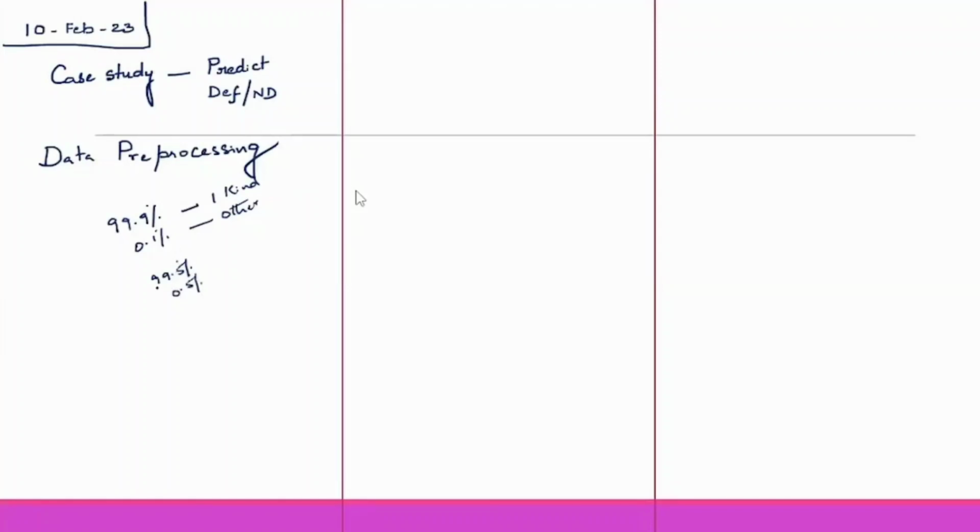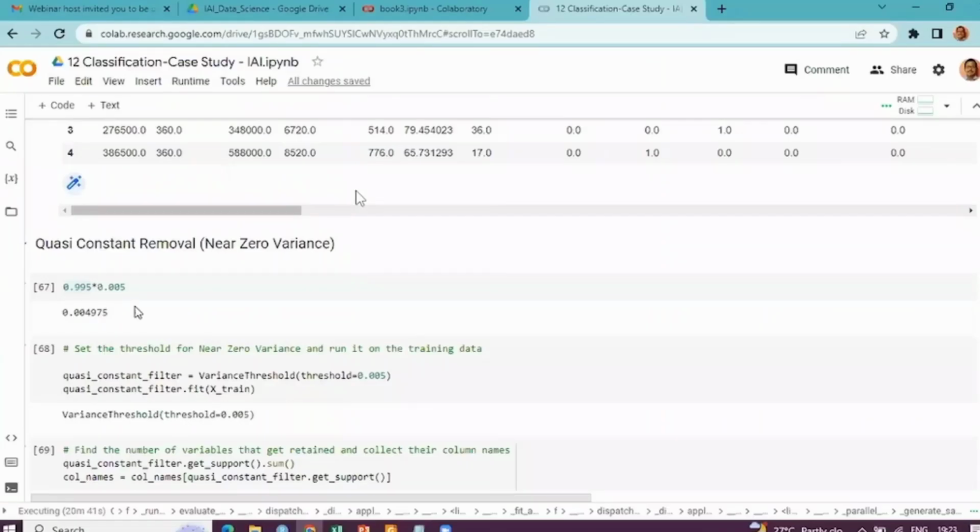In that case, the variance would be P times 1 minus P, assuming a binomial distribution. So this becomes 0.005 times 0.995, which comes out to 0.004975. So if required, I can set a threshold of 0.005.